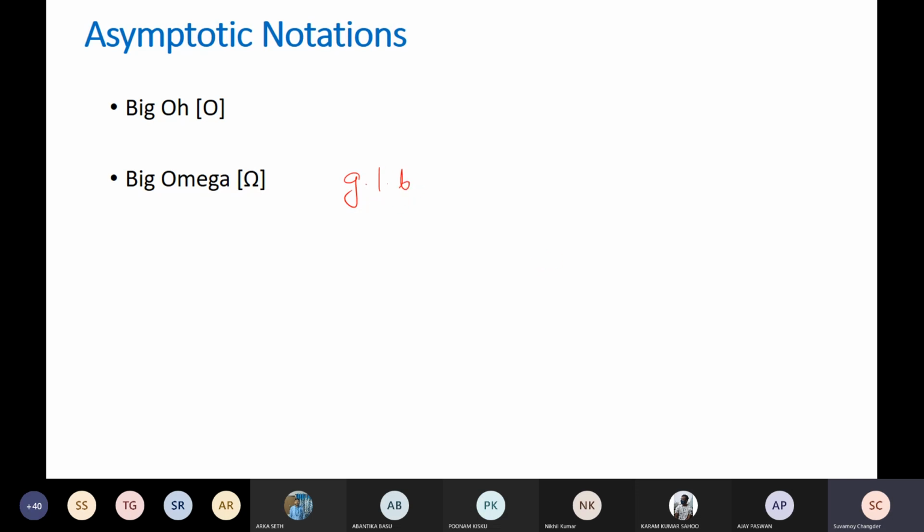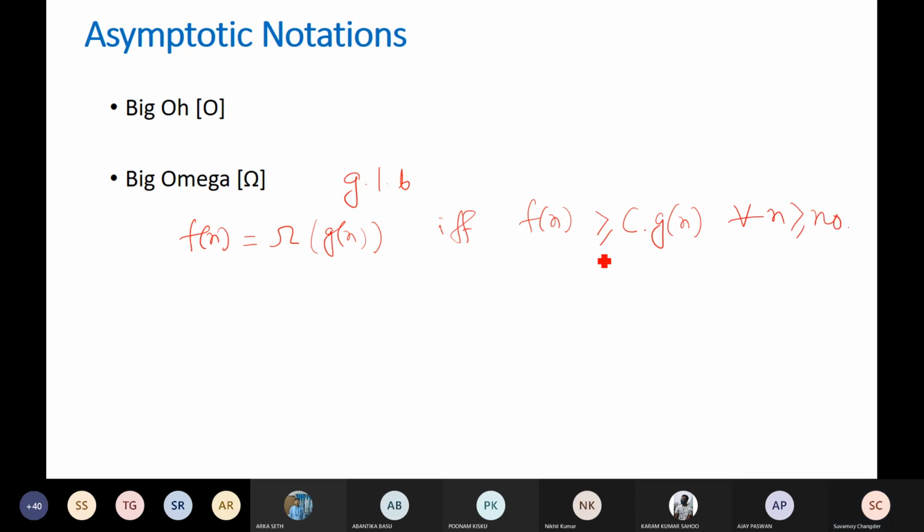So here the definition of big omega is that f of n can be bounded as big omega of g of n if and only if f(n) is greater than or equal to some constant times g of n for all n greater than or equal to n0. Okay. So here in all these cases c is a positive constant, not a non-negative constant. Clear? So we will not consider any negative value here.